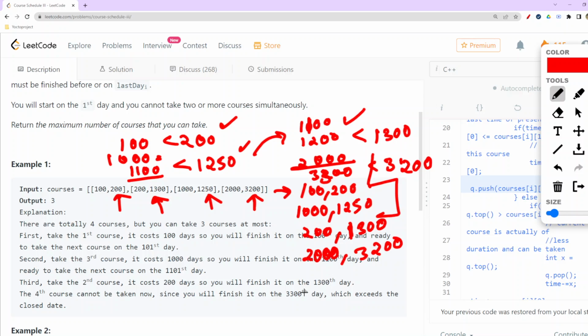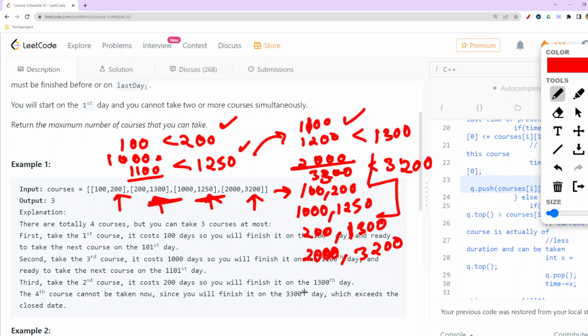Because there could be a case where two courses are taken, of whatever duration, and both of them agree on the last time, right?